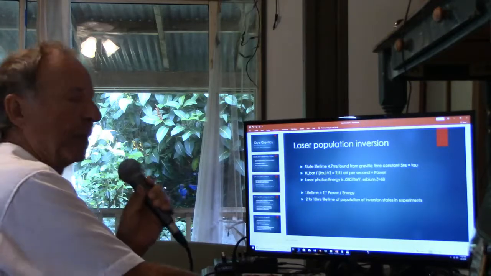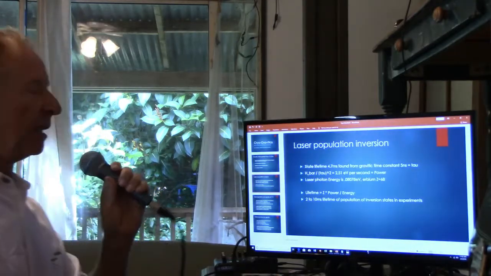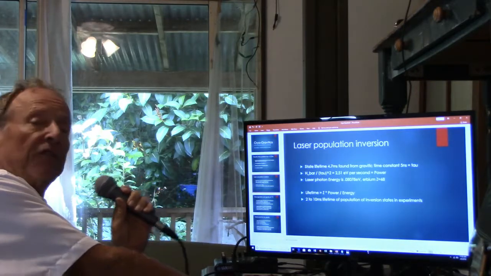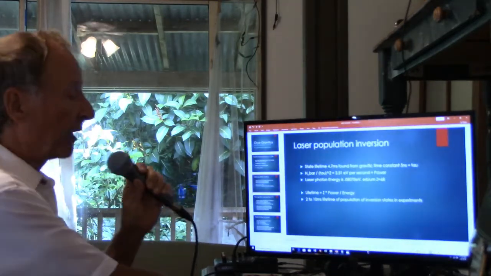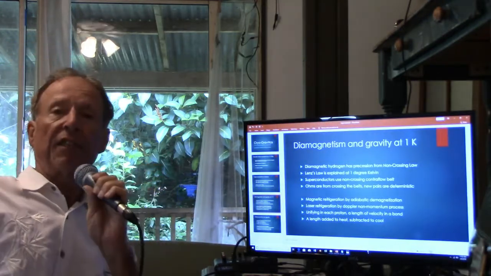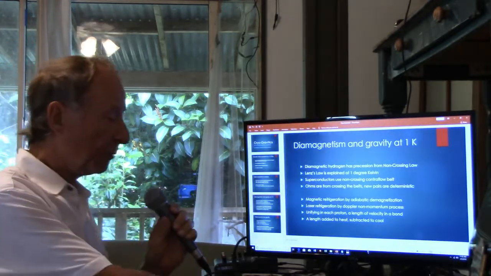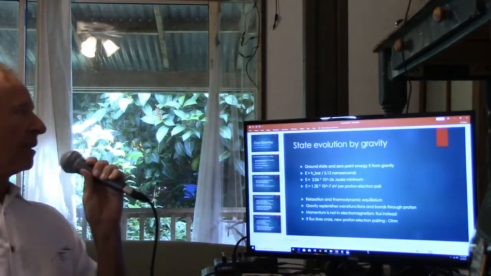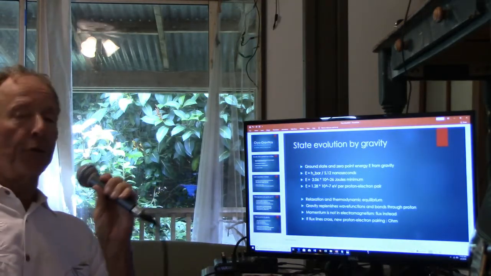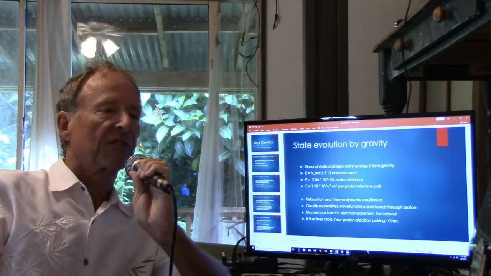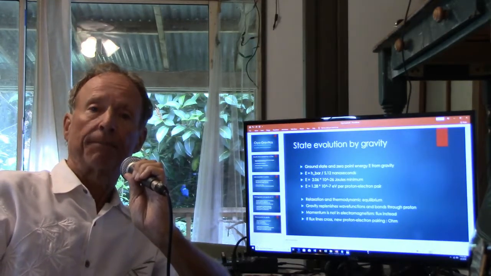And then we'll talk about laser population inversion, how the lifetimes of the population of states is affected by gravity, and then diamagnetism and gravity at 1 degree Kelvin, cryogenics, and Lenz's law is explained, and then finally we'll go to the state evolution of quantum effects by gravity.